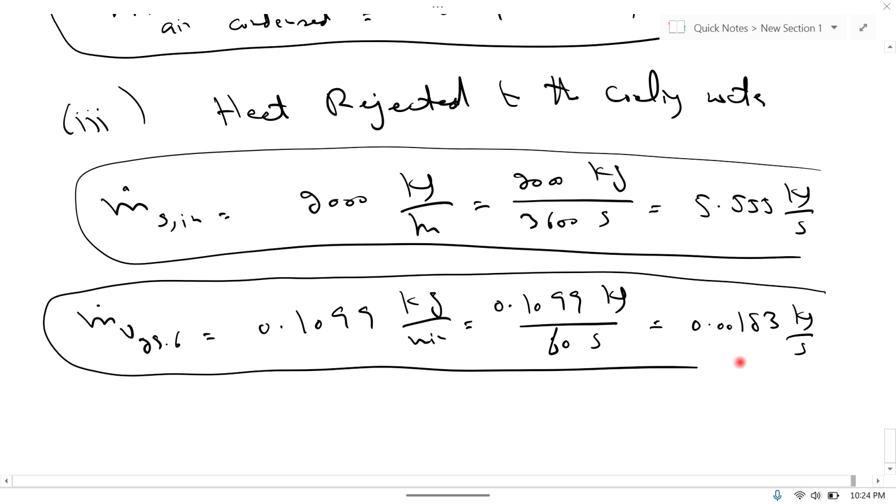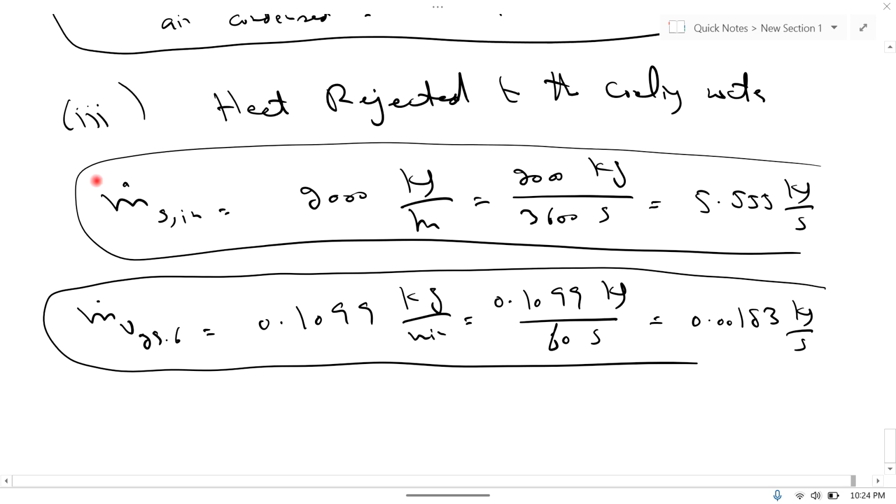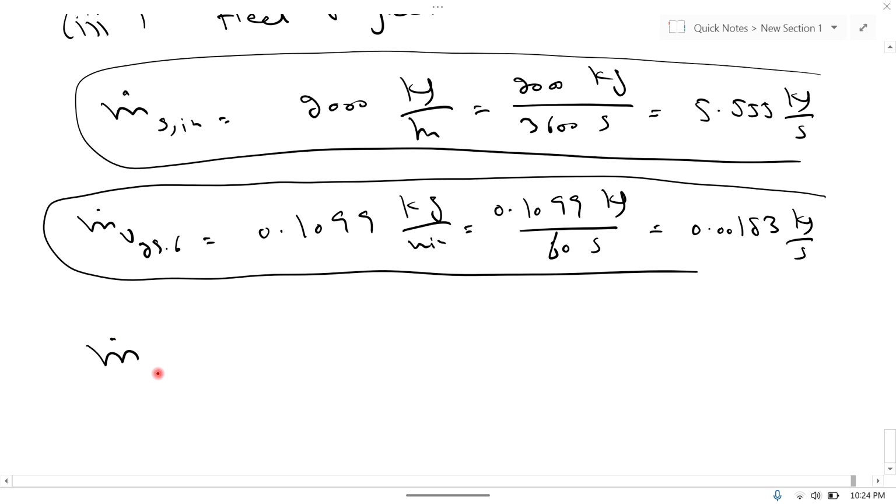Just convert the kilogram per hour and kilogram per minute into kilogram per second. Now mass flow rate of condensate is equal to mass of steam minus mass of vapor.